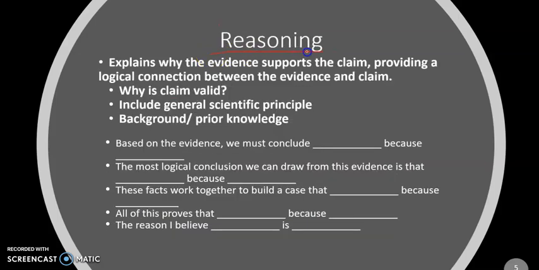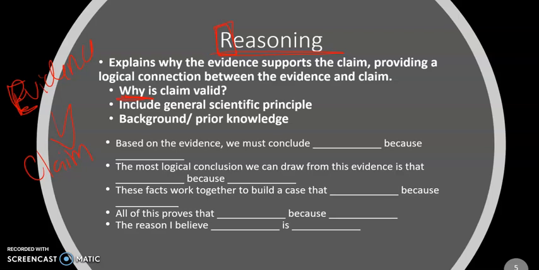Then we have our reasoning. This is the R, our final letter in our CER, and this is where we tie everything together. Why is this claim valid? Why does the evidence support the claim? You say it does, but why?